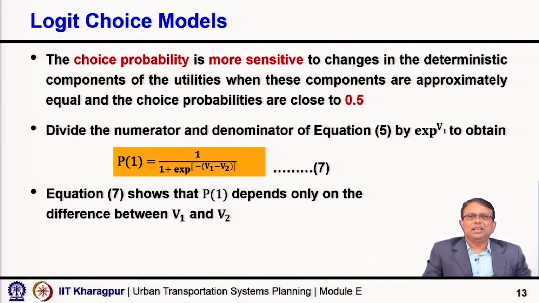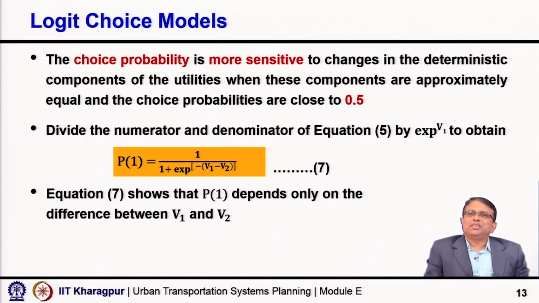Interestingly, at that level, if any change in utility happens for either alternative 1 or alternative 2, the change in probability will be very significant. But as you go far away from this midpoint where both are equal, the change in the probability due to a change in utility is going to be smaller and smaller.